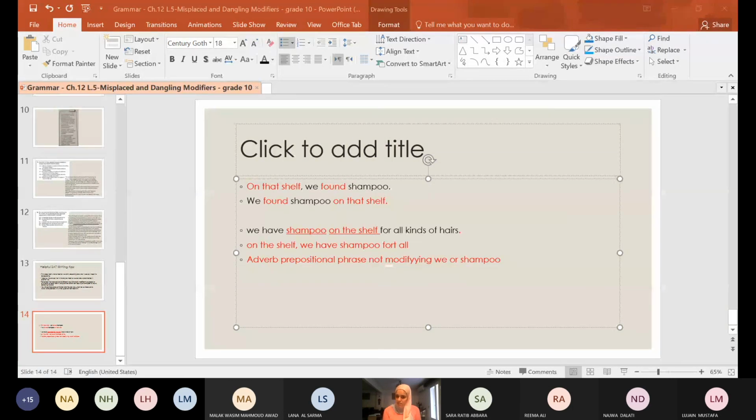Because it functions as an adverb, I can put it anywhere in the sentence, not modifying the whales or the songs. You understand me, girls? Yes, miss. Again, for dangling modifiers and misplaced modifiers, I have more than one clear answer. As we just saw in the examples, I can use any of the correct forms. So my answer can be different than your answer, and both are correct as long as they are grammatically correct.